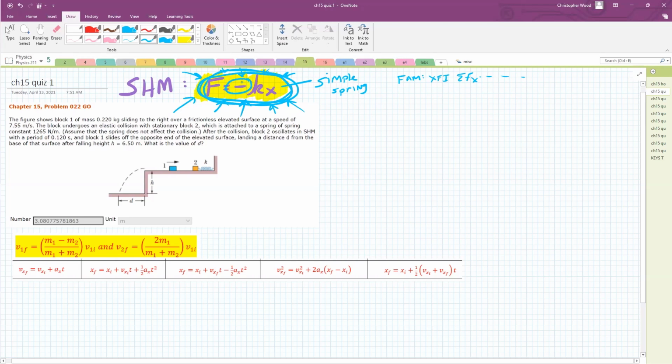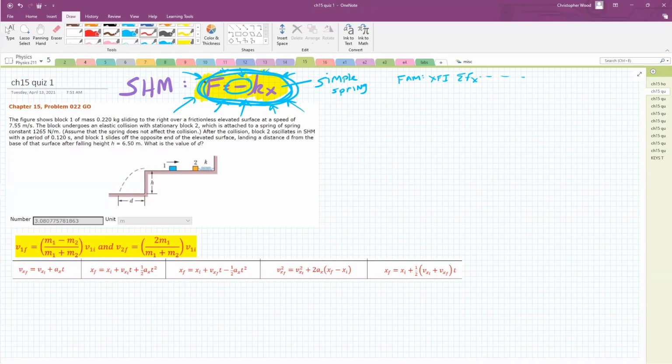This negative sign means springs always want to go home. If you compress a spring, what does the spring want to do? It wants to elongate. If you elongate a spring, the spring wants to compress. A spring always wants to go home. It always opposes what you try to do to it. That's the purpose of the negative sign.